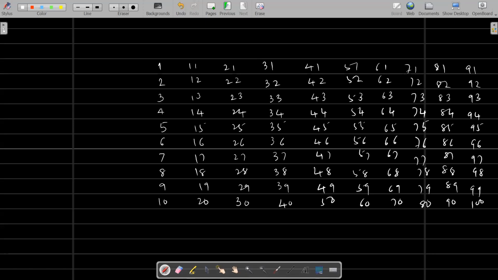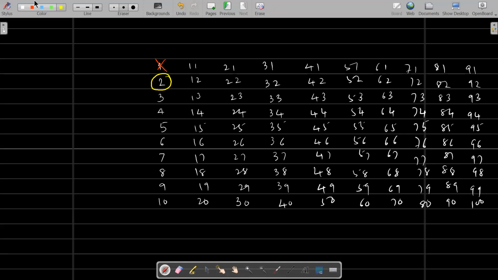Yeah. Now the idea is the following. 1 is not prime by definition, right? So we'll cross out 1. And the first uncrossed number, that is prime. That is 2. So 2 is prime. Now once 2 is prime, multiples of 2, like 4, 6, 8, 10, and so on, can't be primes because they have a proper divisor 2, right?